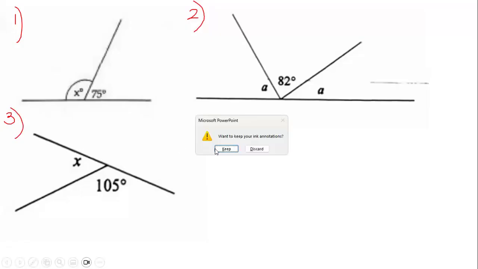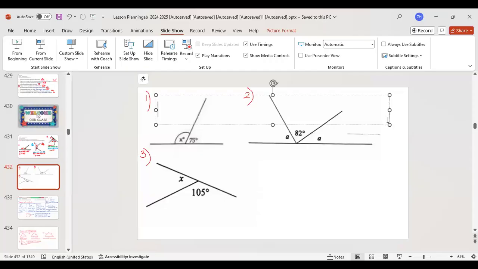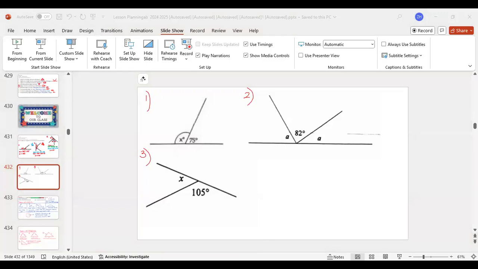What number are y'all on, by the way? Number 2. Number 2? And number 1? Okay.